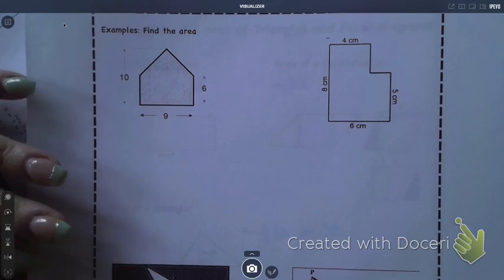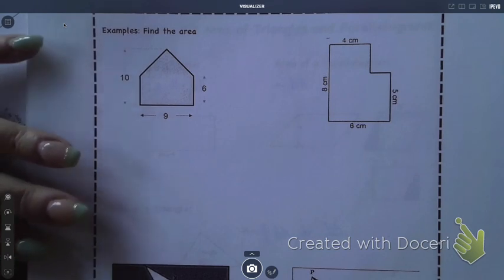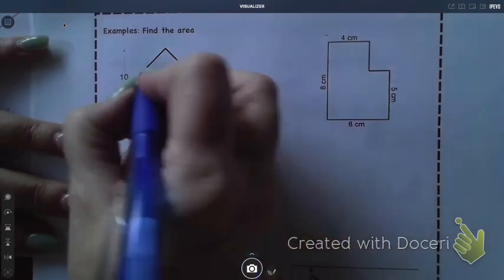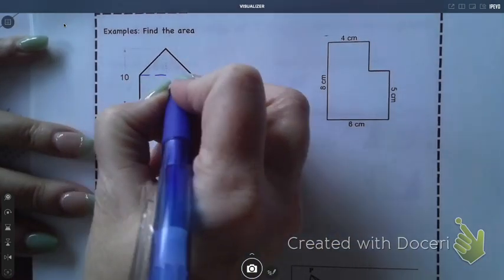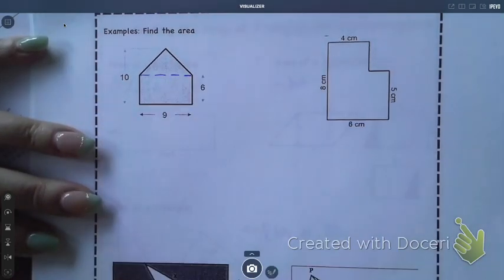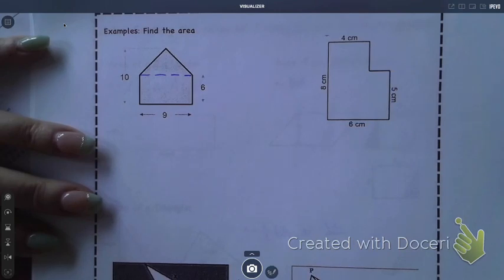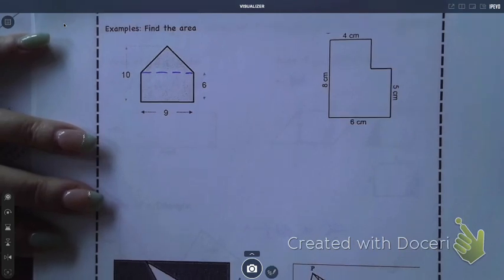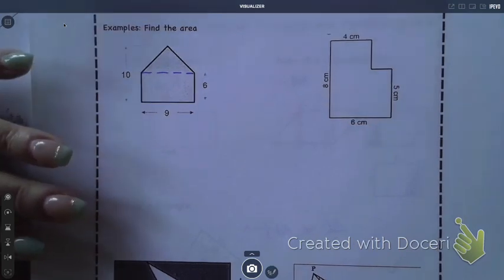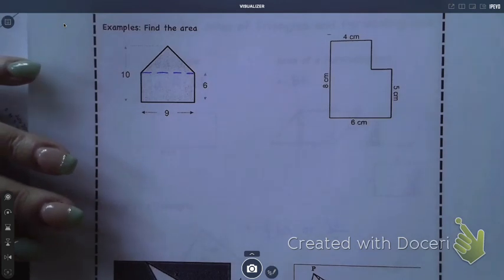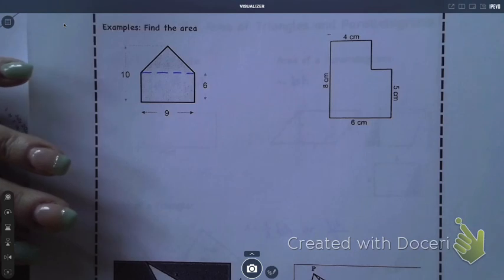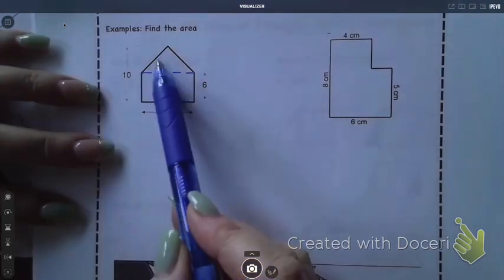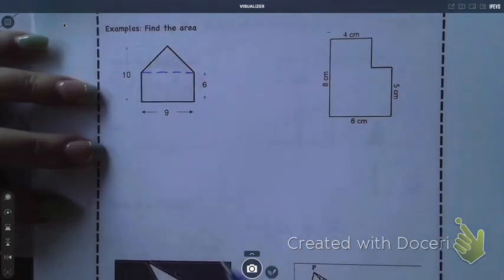Actually, they're called complex because what do I have making up this shape? A rectangle and a triangle. So can I cut shapes into other shapes? Yes. And if I know how to find the area of the little shapes, then what do I do to them all?